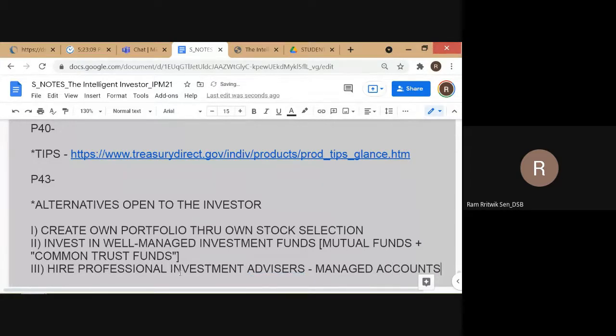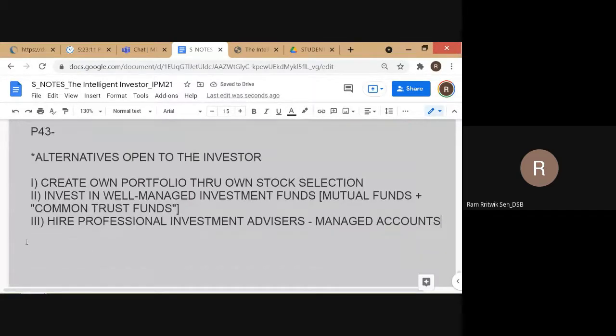So basically these are the list of options that he has listed, but the fundamental distinction is that there's only two ways to do it. Either you do your own stock selection, or you invest in other funds. Now some of those other funds, so broadly, let me just summarize it here.